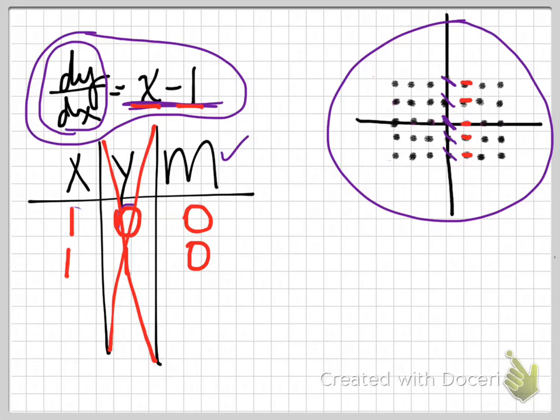And then when x is 2, what's going to happen? When x is 2, it's going to be 2 minus 1, so my slope is going to be 1. So anywhere along the vertical line when x is 2, my slope is going to be +1.